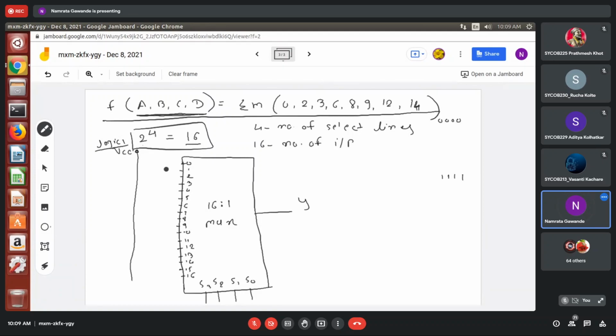Which are the minterms that will be connected to logic 1? 0, then 2, then 3, 6, 8, 9, 12, and 14.